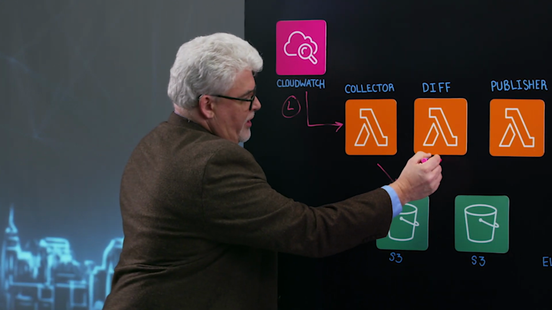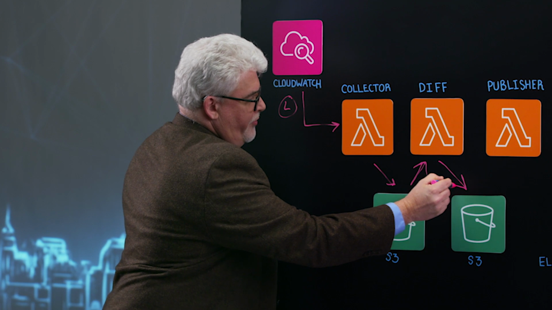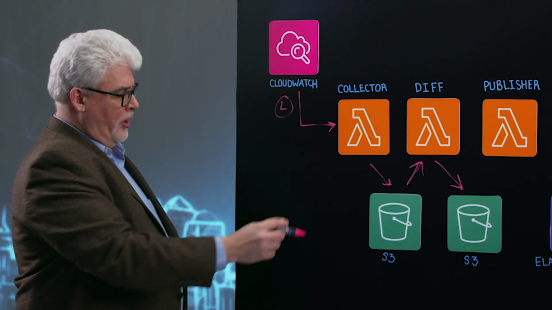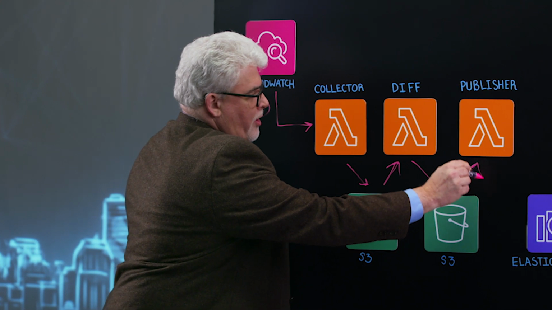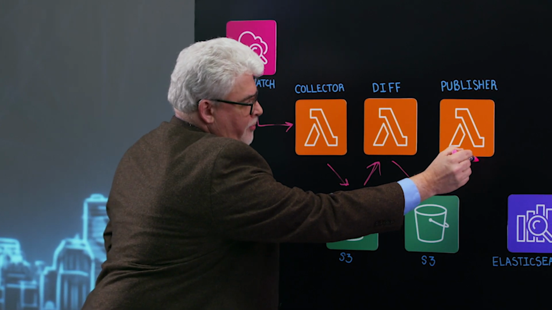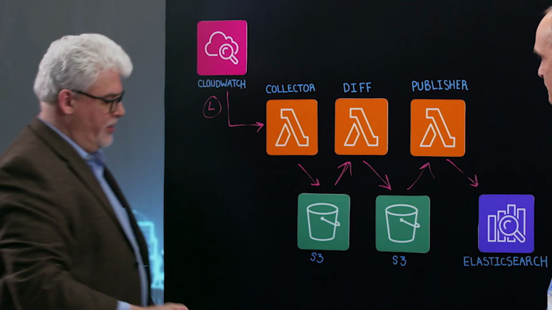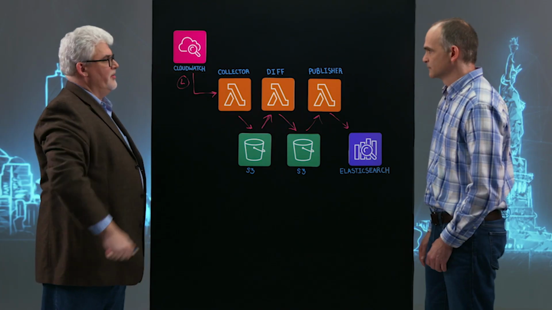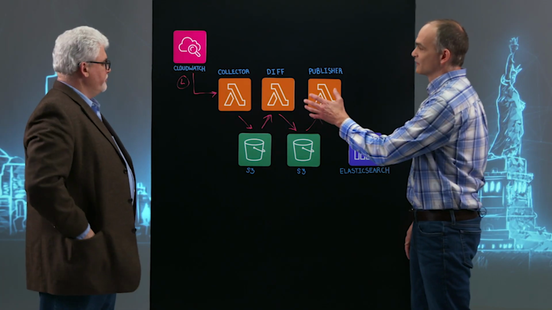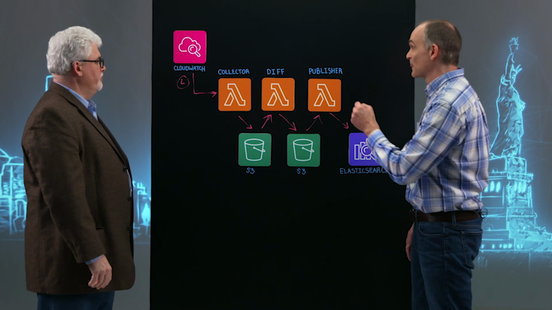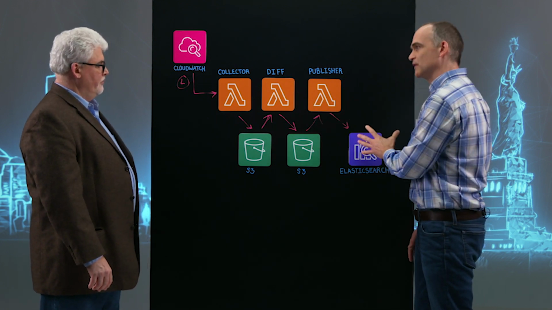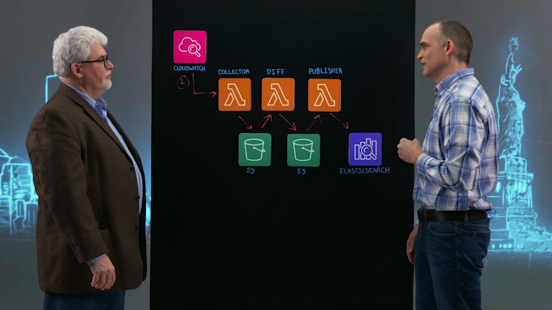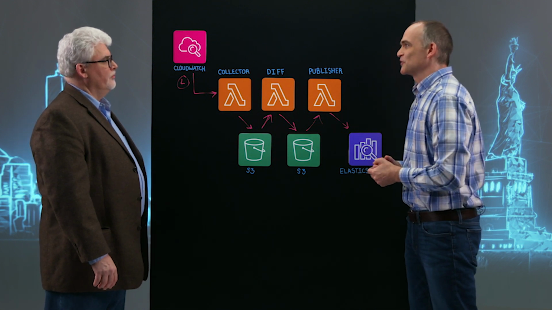Each of those difference engines compares to the previous run, and if there's a difference, writes that to S3, and then those S3 events trigger our publisher, and our publisher then pushes the data into Elasticsearch, where it becomes part of our inventory. Great. So 4,000 accounts, thousands of Lambda invocations to arrive at the inventory at the end. You told us about a change you made.